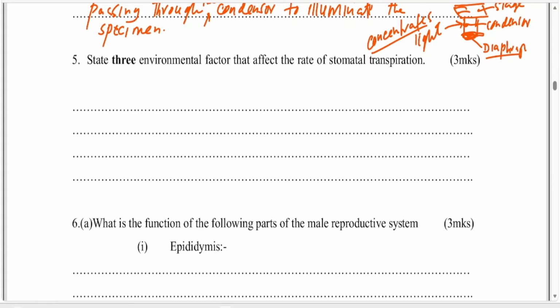We have the structural factors which affect the process, and we also have the environmental factors which affect the process. So in our question here, we have been told to state 3 environmental factors.